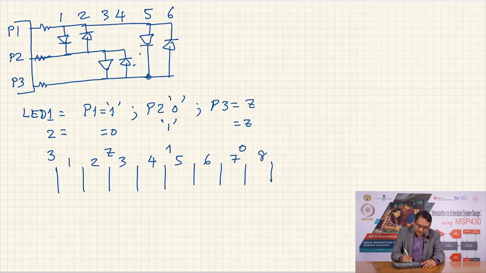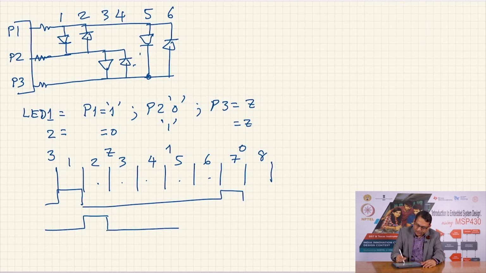In time slot 1, I can turn LED 1 on, and then it will have to be off for the next 5 slots. Similarly, LED 2 can be turned on in the second time slot, and it will have to be off for the next, and then it can have an opportunity to be turned on here and so on. Each of the LEDs has one slot out of 6 slots.